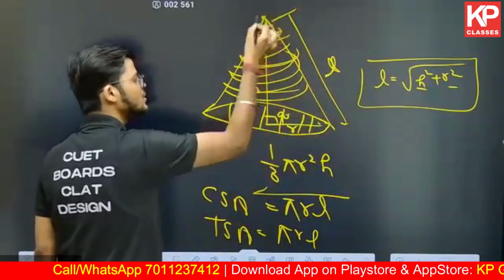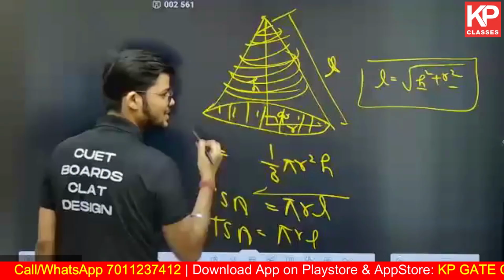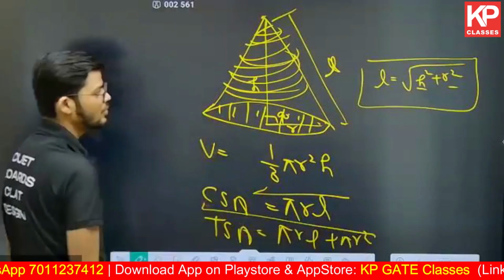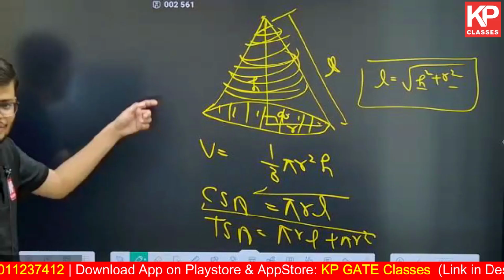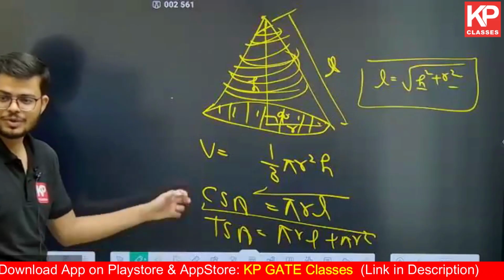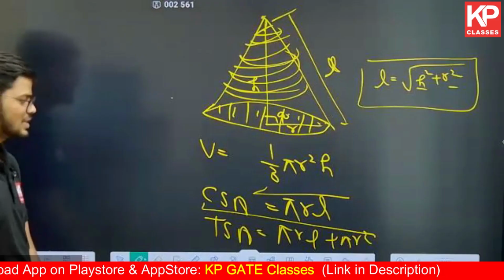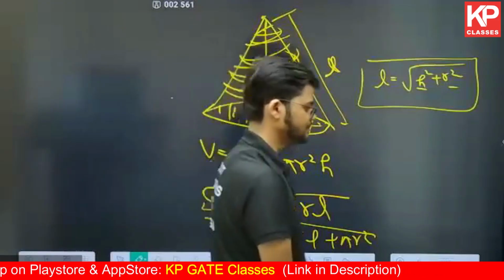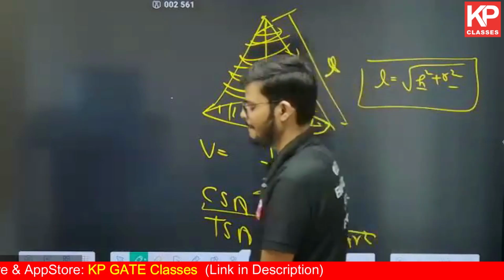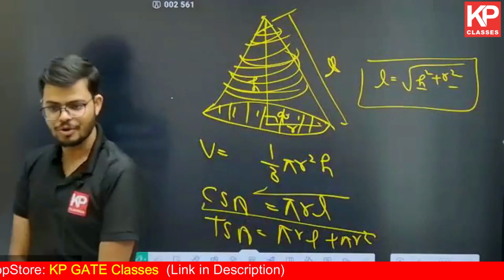Here the area of top is 0, and the bottom is a circle, so the area is pi r square. So this is with respect to cone: volume, curved surface area, and total surface area. Right? So this is about cone.